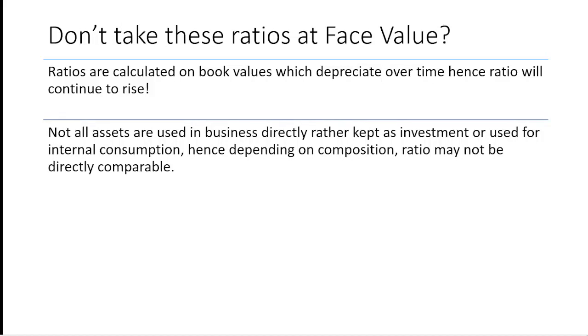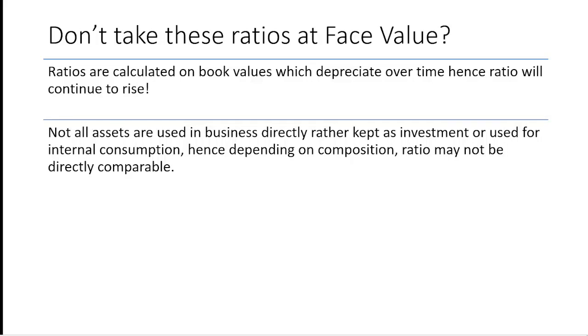And then, not all assets are used in the business; sometimes they are used as an investment, or for internal consumption, or these assets may be used for acquisition of future businesses, right? Or just to keep the competitors away and generate more income on the other side.